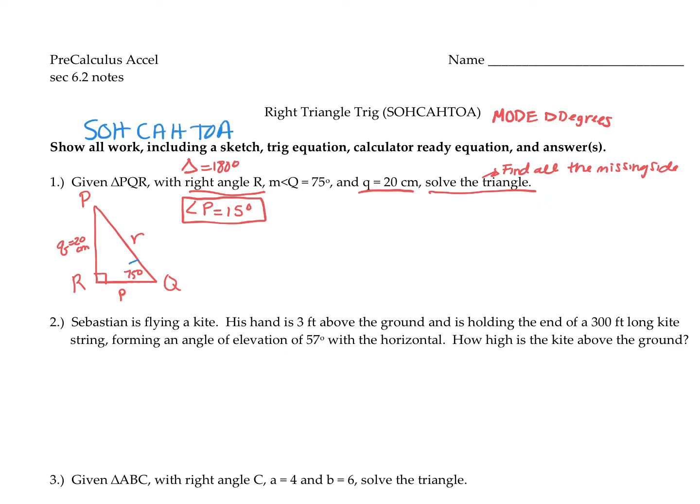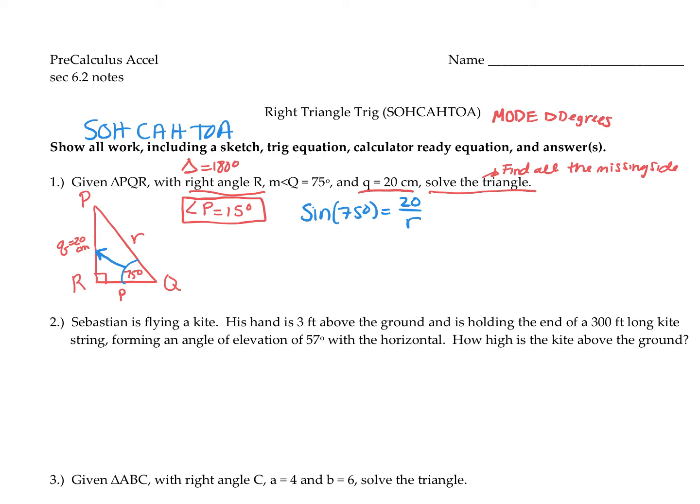I have this angle, 75, and I have the side opposite that angle. So if I want to find side R, I'm going to use sine. Sine of 75 degrees equals my opposite side over my hypotenuse.